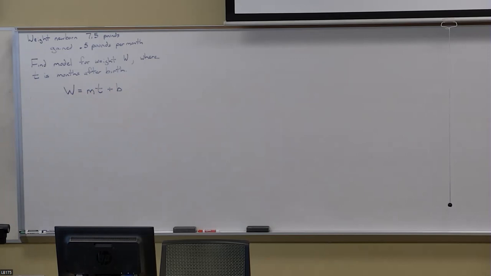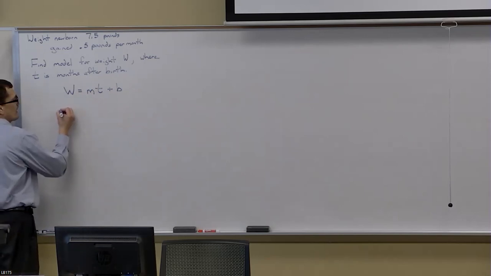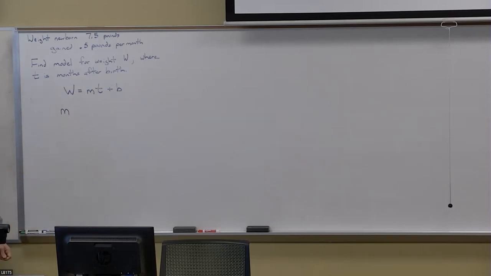And I just change the letters to whatever the problem calls for. So this calls for weight T months after birth. As always, I want to start out finding the slope.